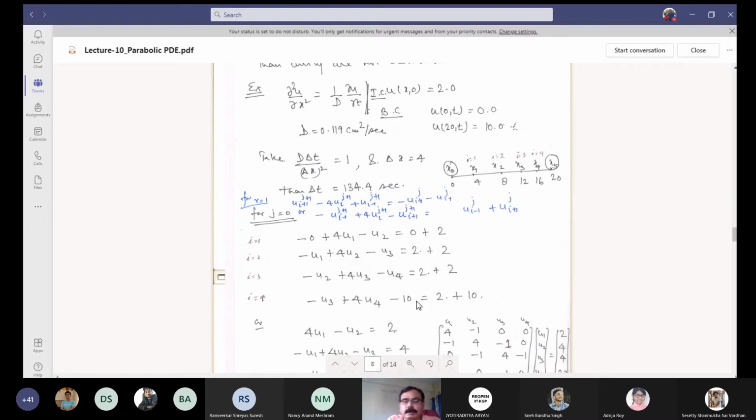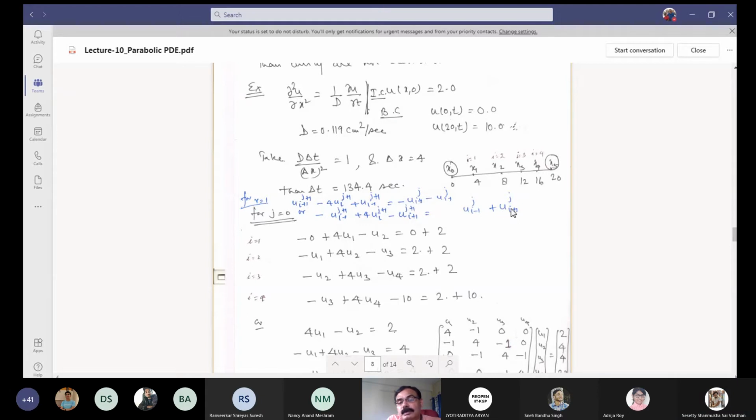That is a crucial one. So I equal to 4 means it will be here U3 1 plus 4, U4 1 minus U5 1. But 5 means x5. x5 means it is another boundary condition. That is your 10. But j is 0 on the left hand side if you see.